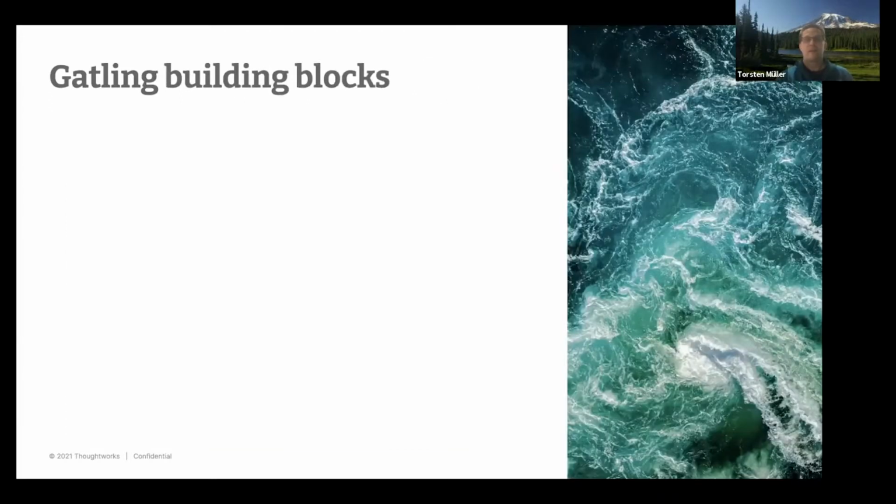So with that, I'm ending up with my last slides, which is just kind of like an overview of the things we just talked about. And I'm not sure about you, but I used to like to play with Legos. So I'm just using that to convey how Gatling builds. So we have protocols. And again, we can use HTTP, HTTPS.